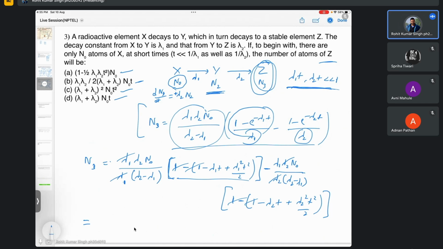So basically on the outside we have only this thing remaining, and inside we are multiplying lambda 2 here, so minus lambda 1 lambda 2 t plus lambda 2 lambda 1 square t square by 2. Okay, and then here we'll have n0 lambda 2 minus lambda 1.